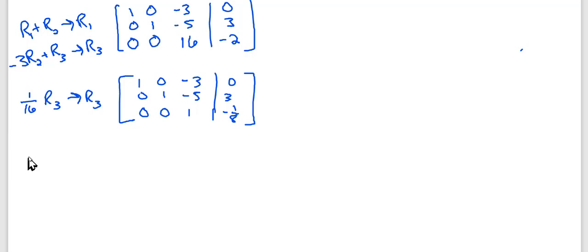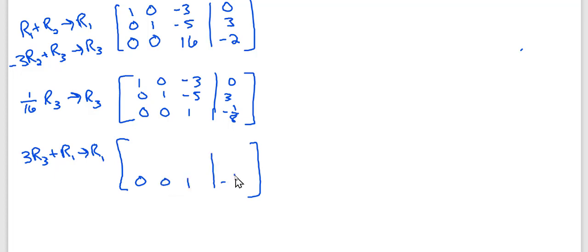That means I do the opposite of what's there times the row with the 1 in it. I am not changing that bottom row. I like it how it is. It gives me the solution for what z is. Z equals negative 1/8.